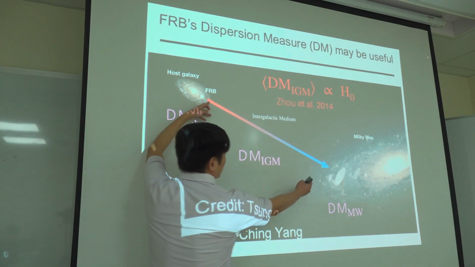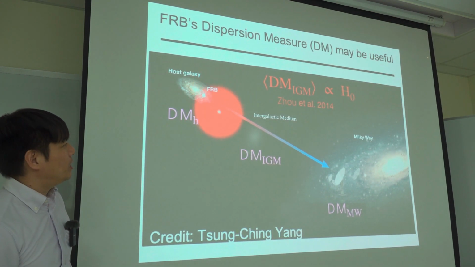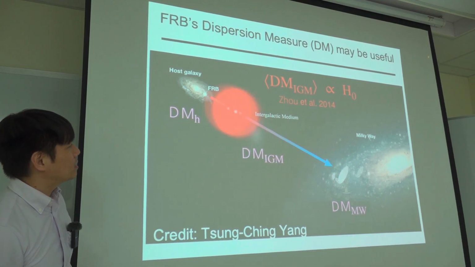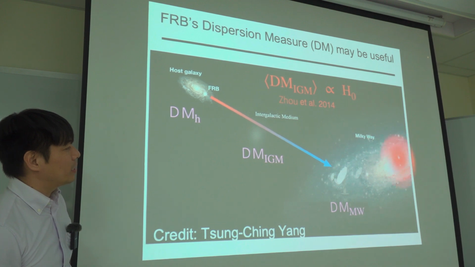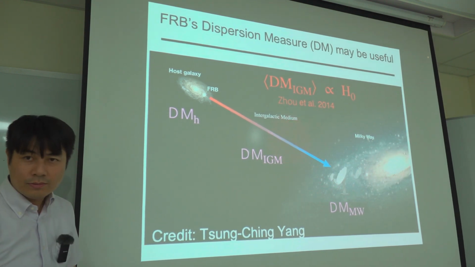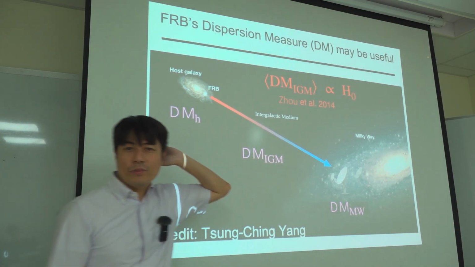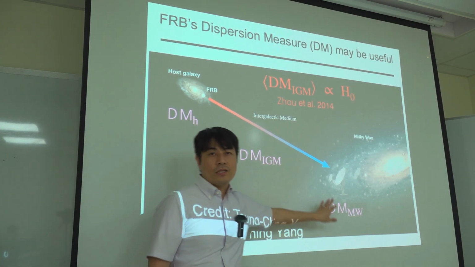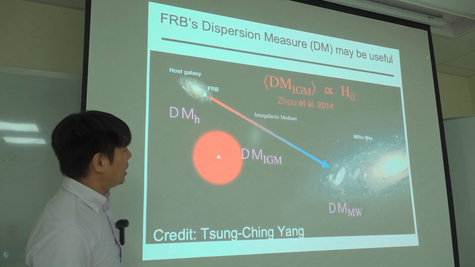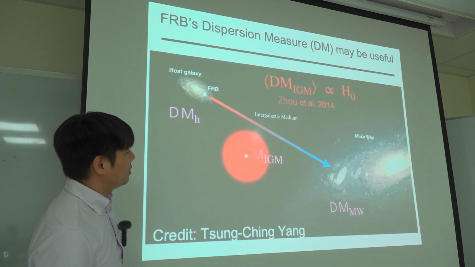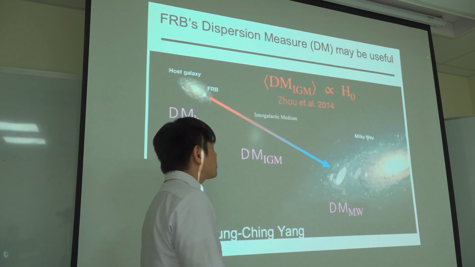And then there is the intergalactic part, which I already explained. Plasma exists there too. And then the Milky Way part: in our Milky Way galaxy there should be plasma too. So roughly speaking, we can separate the observed dispersion measure into three components: DM host galaxy, DM_host; DM IGM, the intergalactic medium; and the DM Milky Way component.